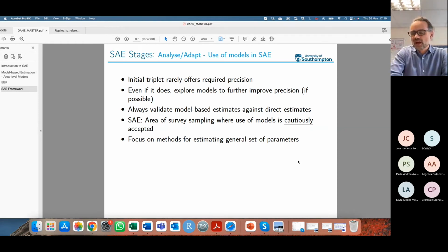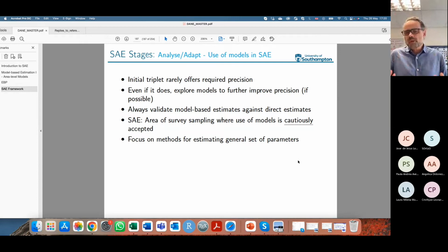What are the empirical properties of these estimators, right? Do they provide confidence intervals with appropriate width? Do they provide confidence intervals with appropriate coverage, for example, right? Can we assess that? Do we have under coverage or over coverage in the confidence intervals that we are creating? So all of these things can be done within the design-based evaluation framework.